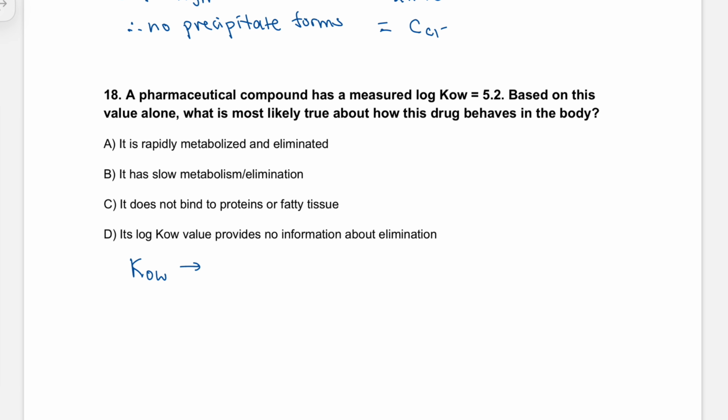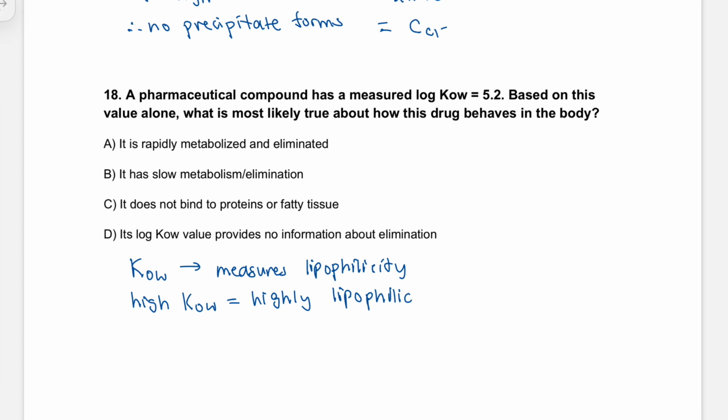Basically what this measures is lipophilicity. And when we have a high K of octanol, it means that it is highly lipophilic.